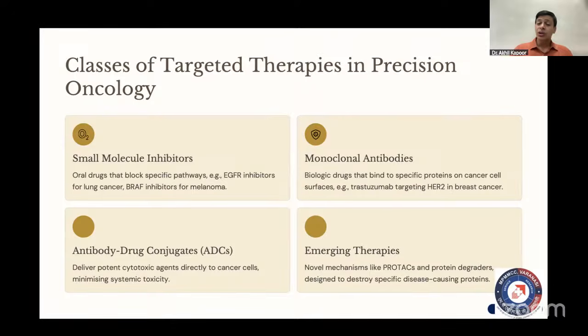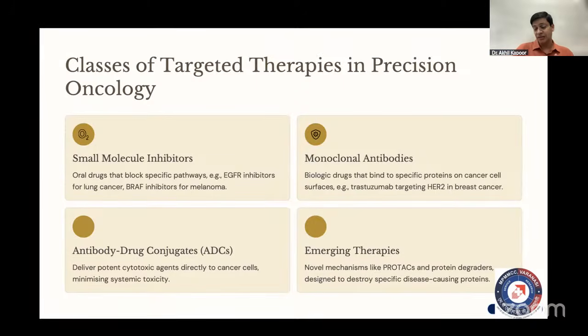Then coming to let's combine a chemotherapy drug with monoclonal antibody. Take an example of trastuzumab. Trastuzumab is acting and blocking the pathway of HER2. But let's try a mechanism by which monoclonal antibodies like trastuzumab bind to the cell surface and then deliver the chemotherapy directly into that cell.